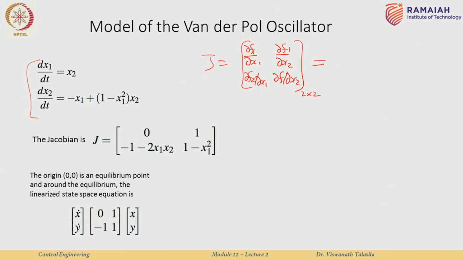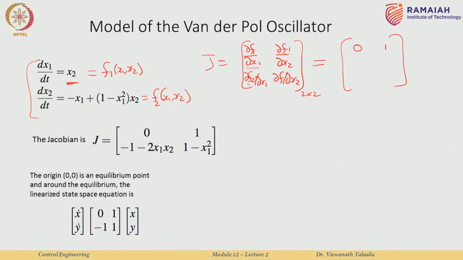When you do that you are actually going to get this expression. So, this is my f1 of x1 and x2, in this case the x1 term does not exist, this is f2 of x1 and x2. So, when you take the partial derivative of f1 with respect to x1, since the x1 term does not exist, this is nothing but 0. When you take it with respect to x2, you simply get 1. Okay.